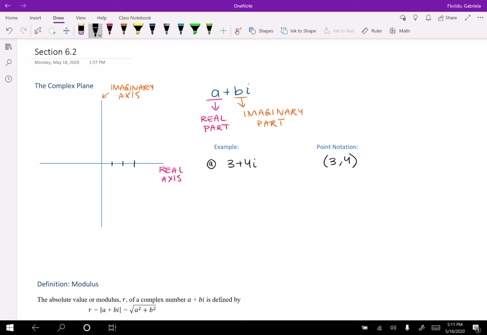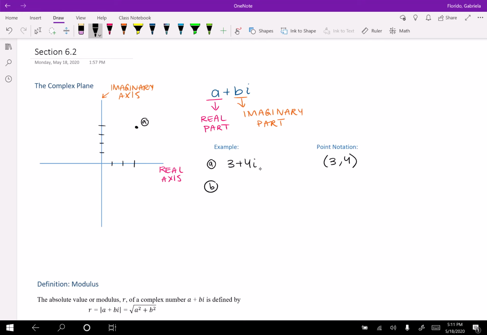Then my imaginary part is 4, which is positive, so we move up 4. That's our first point, my point A. Again, we focus on the real part, and then on the imaginary part. Let's try another one, just to make sure that we got it down.